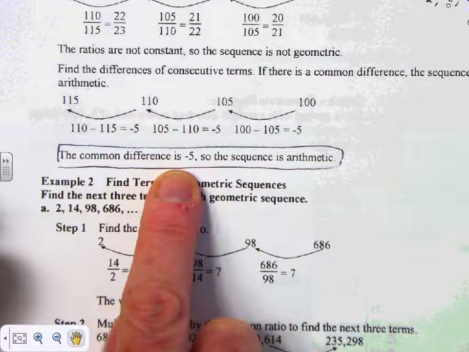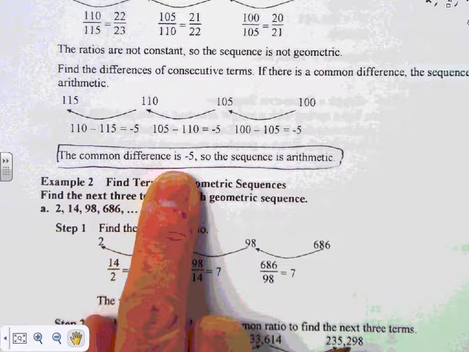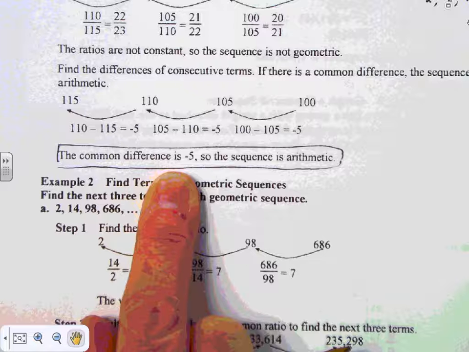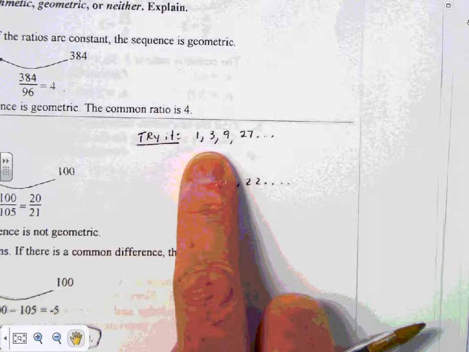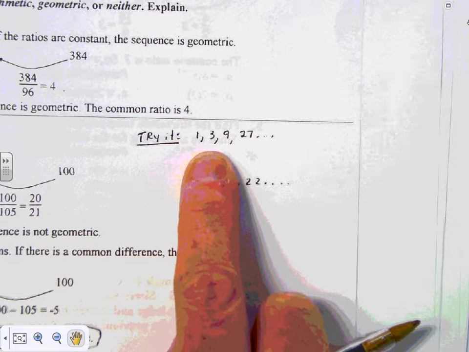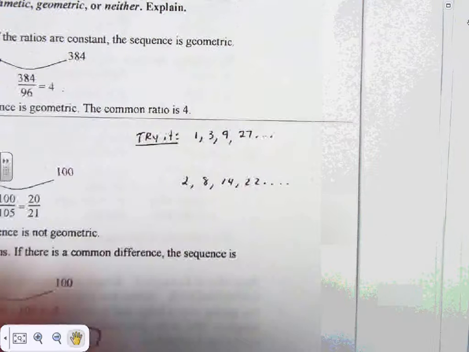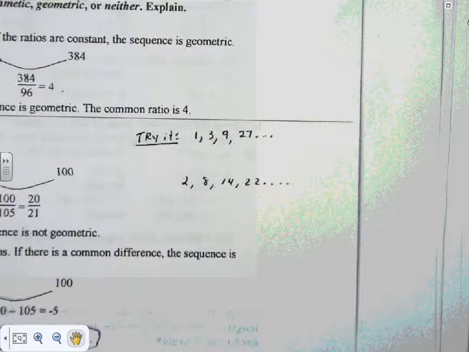The first part of your assignment is going to ask you to tell if this is a geometric, an arithmetic, or neither, because that could happen. So let's try that over here on the side. See if you can find out what type of sequence this is, and either name the R value or the common difference value. Okay? So see if you can do the math to find the R value, if there is one. Just like you did in the notes.